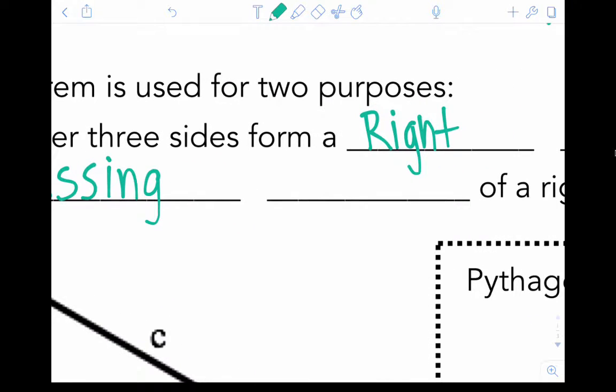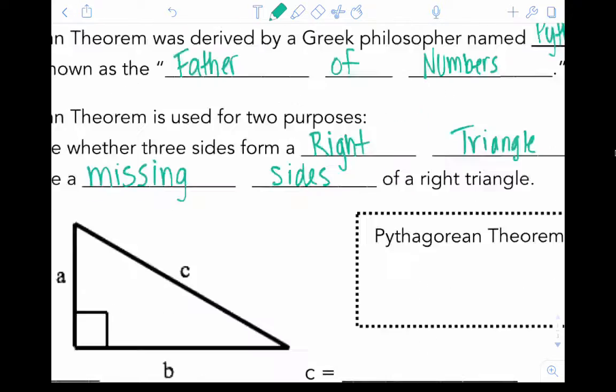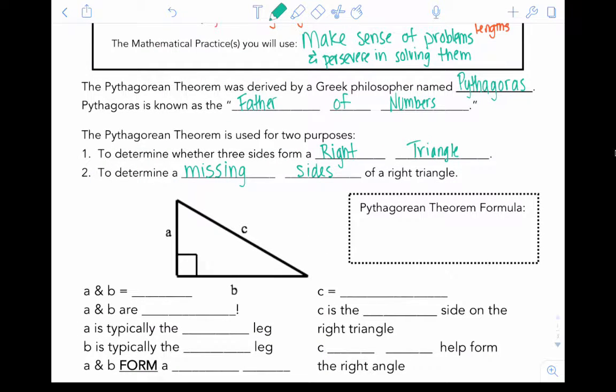We're going to do both of these things in this section. If you have two sides, you can always find the third if you have a right triangle. A reminder, the Pythagorean theorem can only be used for a right triangle, like what is shown right here.